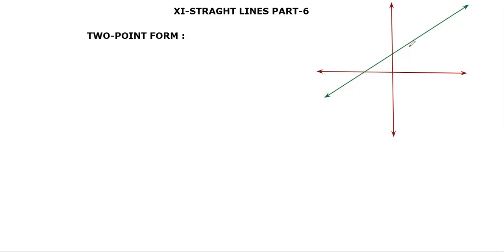2-point form means if a line is passing through 2 points, suppose this is point P whose coordinates are given x1 and y1, and another point is somewhere, anywhere, can be given here or here.